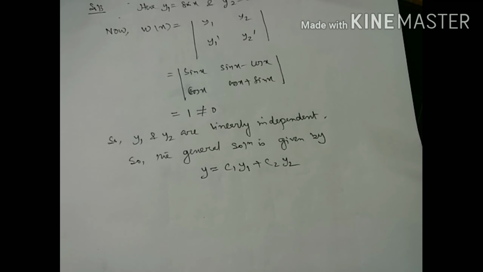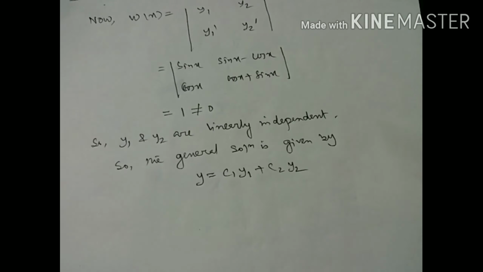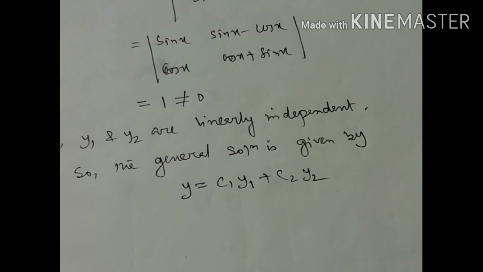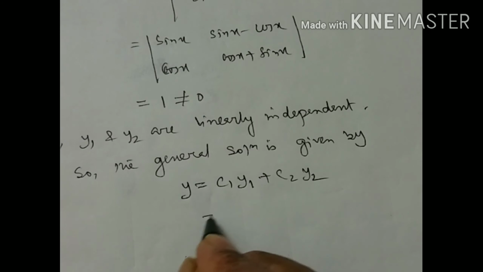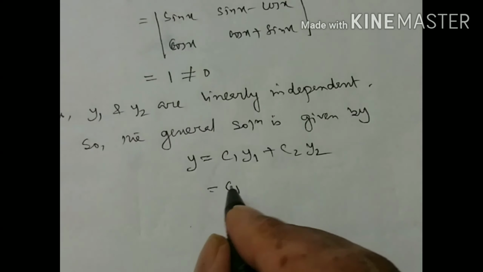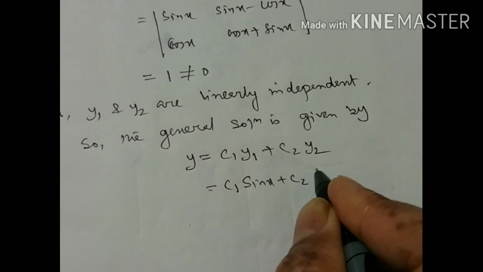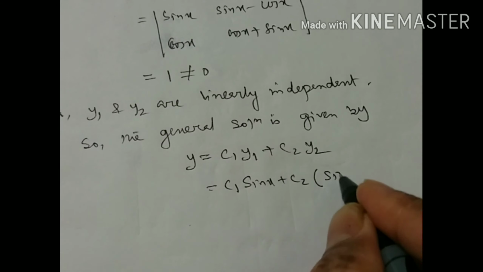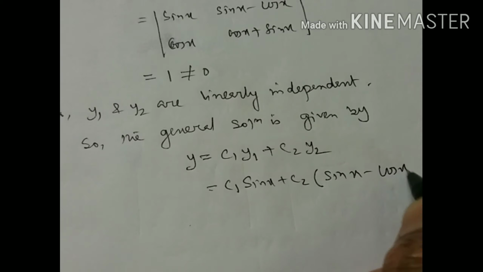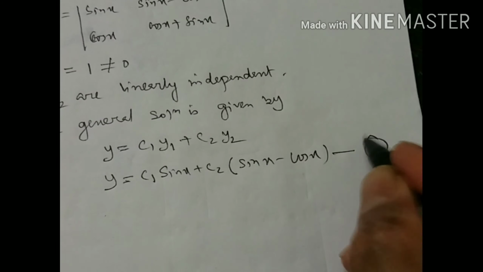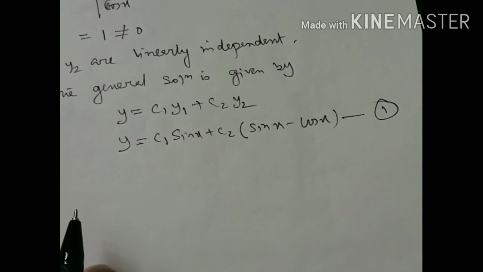These are two linearly independent solutions, so we can write y equal to c1 y1 plus c2 y2. So here y1 is sin x and y2 is sin x minus cos x. So mark it 1.